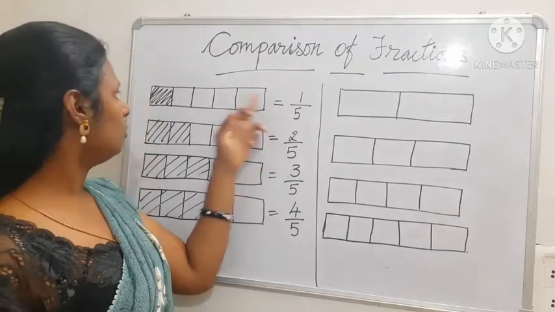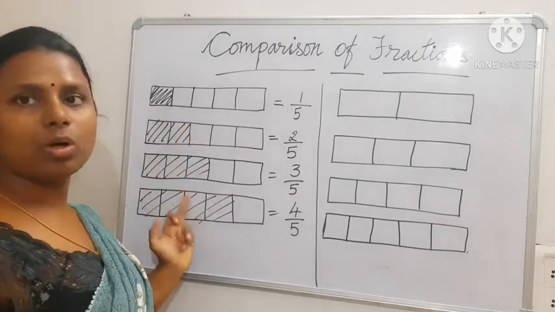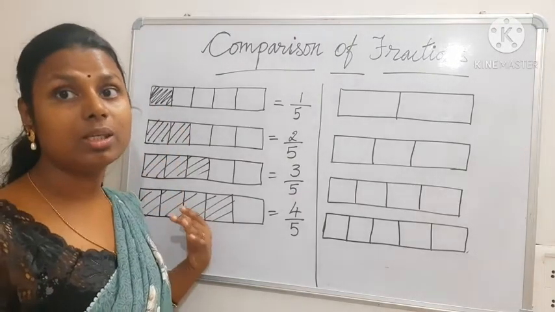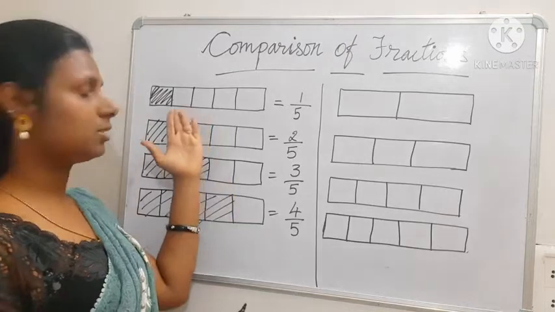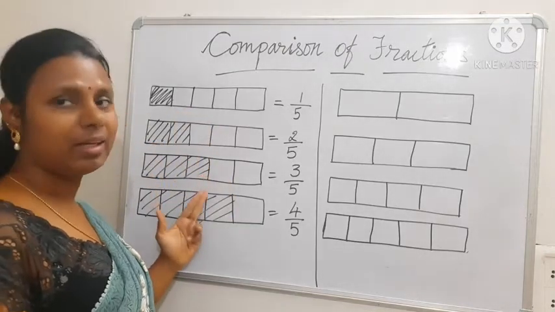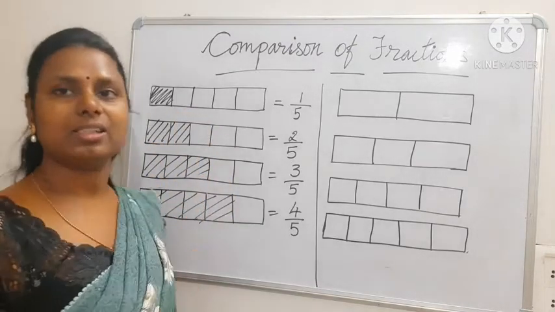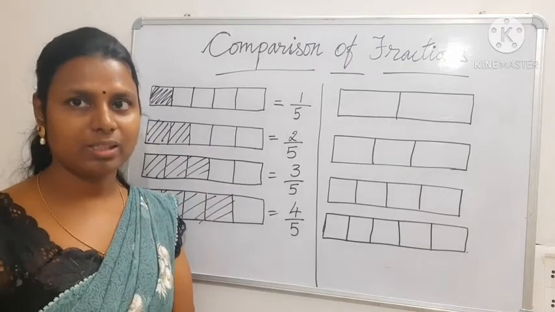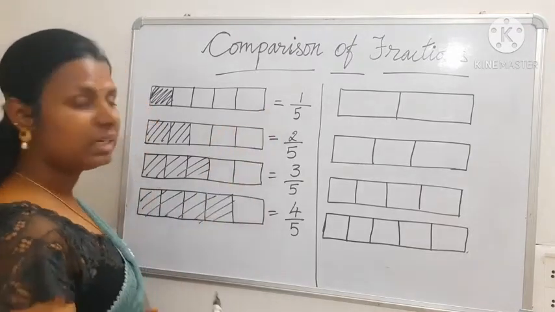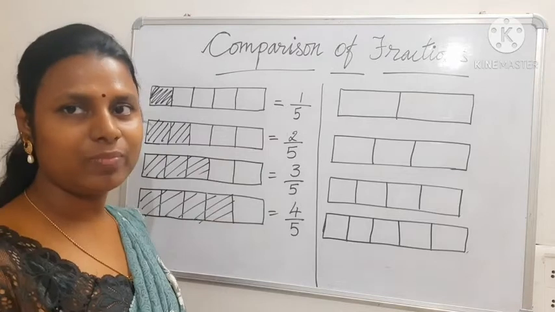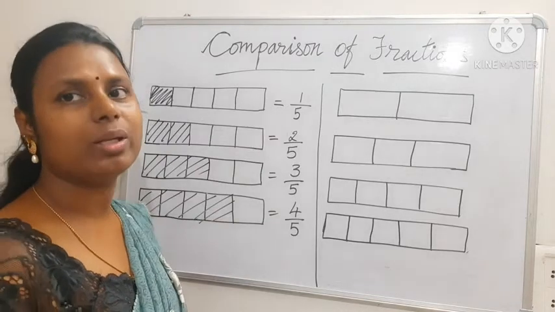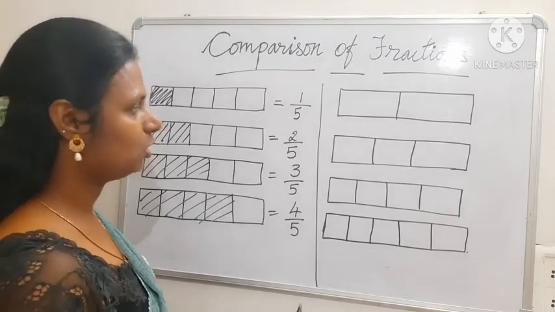Now 1 box, 2 boxes, 3 boxes, 4 boxes. As you see the figure, you can say this is the smallest, then next this one, and this is the biggest, isn't it so? So let us write in ascending order. When we write in ascending order, we can surely understand which is the smallest.